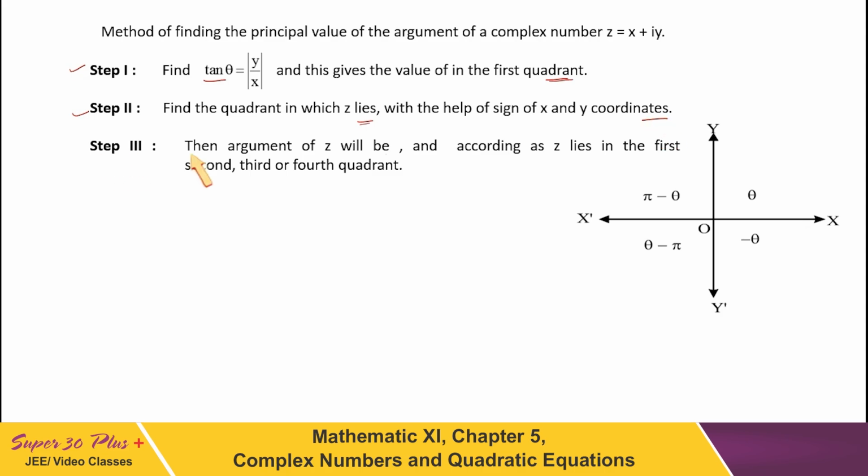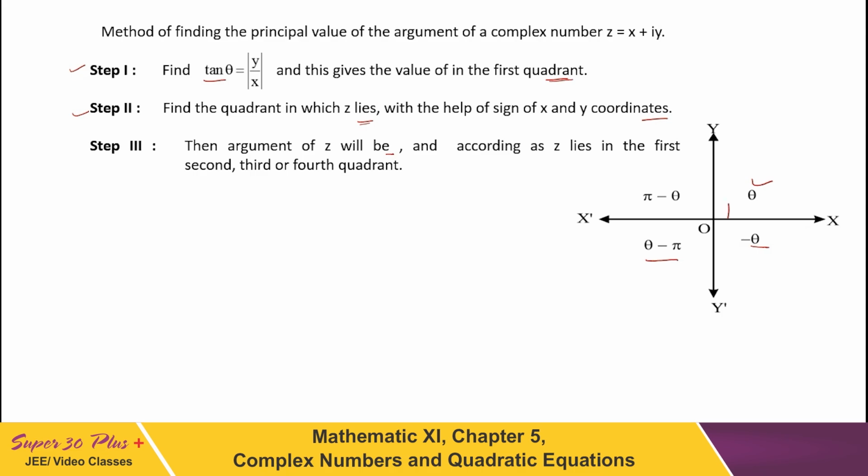Step 3, then the argument of z will be according as z lies in the first, second, third and fourth quadrant, given in this figure. Means argument of z will be theta if complex number lies in the first quadrant, it is π - theta if complex number lies in the second quadrant, it is theta - π if complex number lies in the third quadrant, and it is -theta if complex number lies in the fourth quadrant.